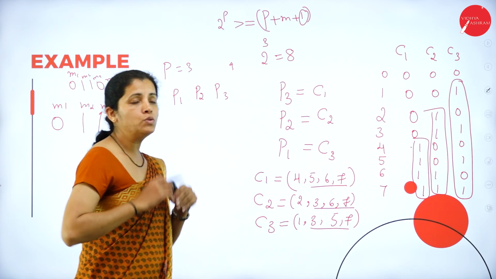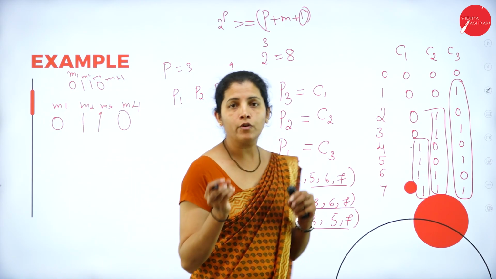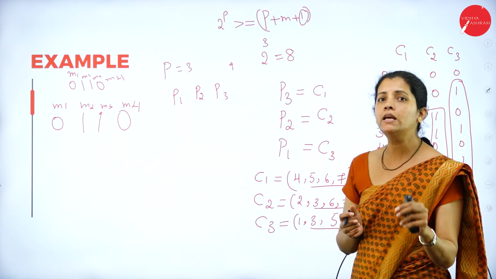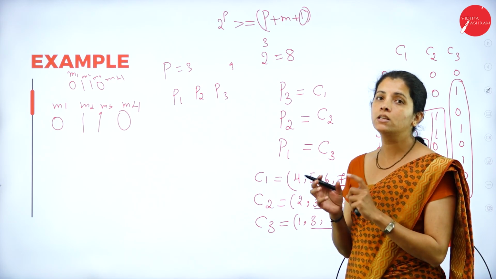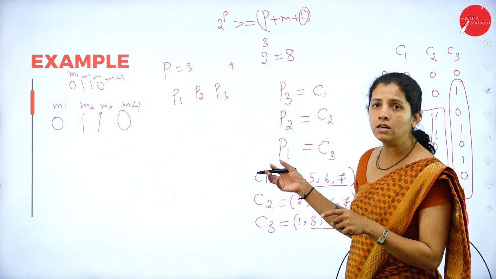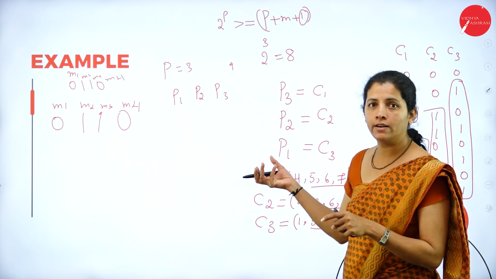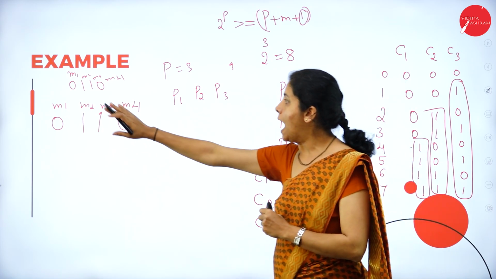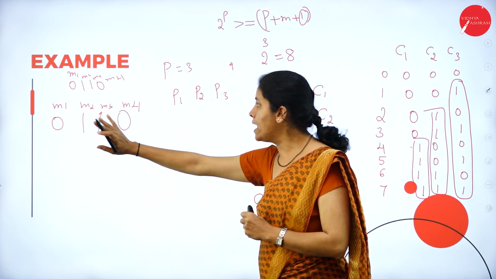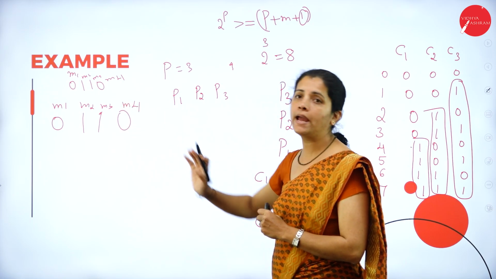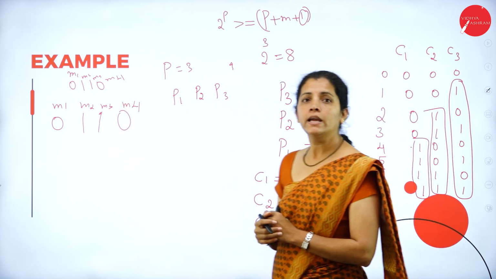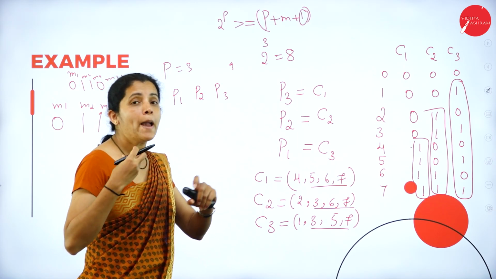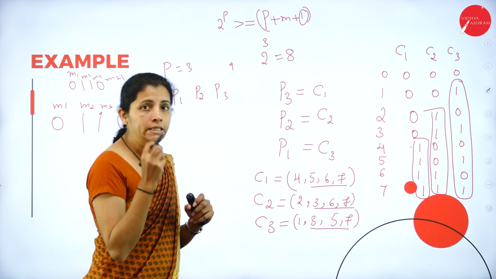If I want to send any data from sender to receiver, there must be an agreement between sender and receiver on how the Hamming codes are generated and organized. I have data bits M1, M2, M3 and M4. How am I going to append the parity bits with the data?